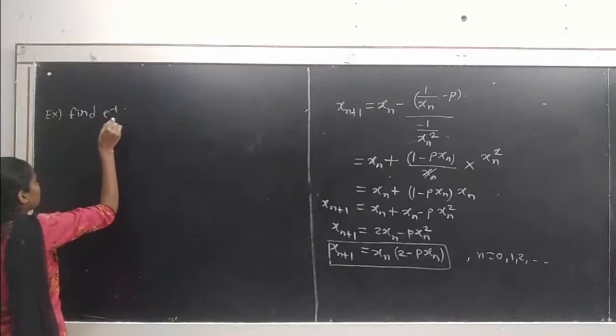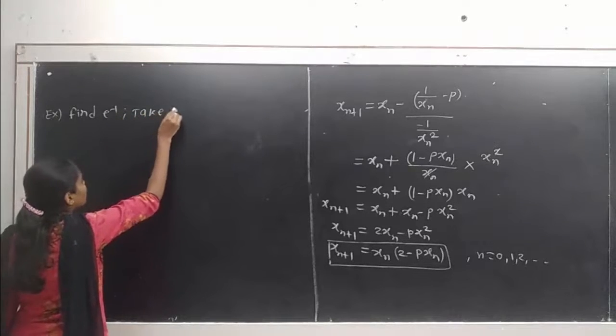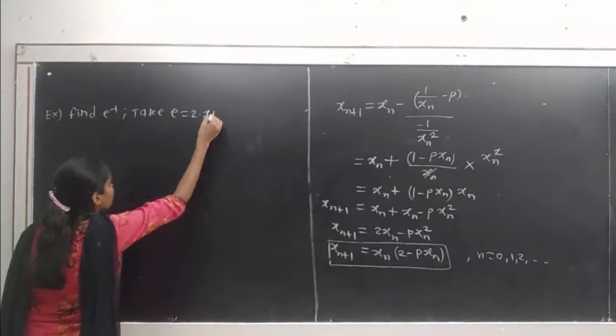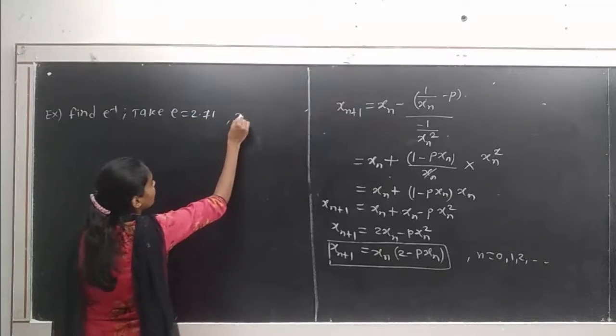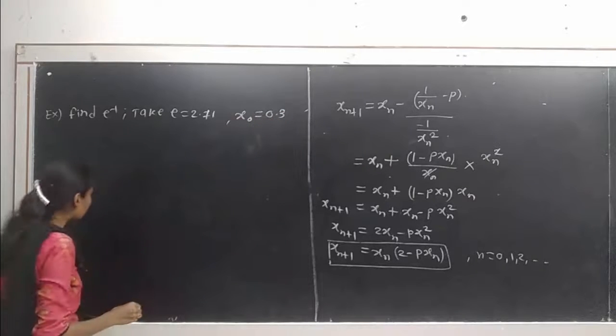Find E inverse. For that, take E is equal to 2.71 and initial approximation x0 is equal to 0.3.